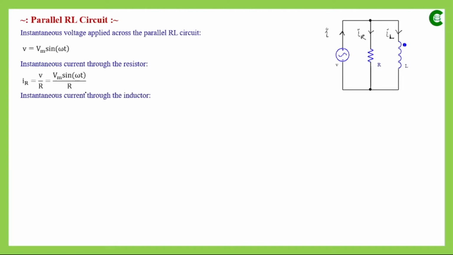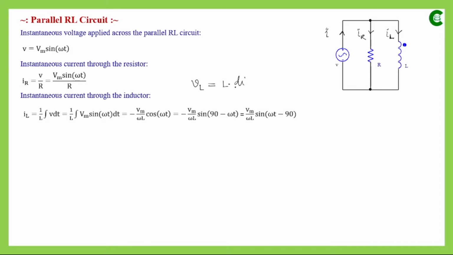And now if we want to obtain the instantaneous current through the inductor, that will be iL, and we know that in case of inductor, the voltage which is dropped across the inductor is equal to L di by dt. It is the rate of change of the current that flows through the inductor multiplied by the inductance of the inductor.